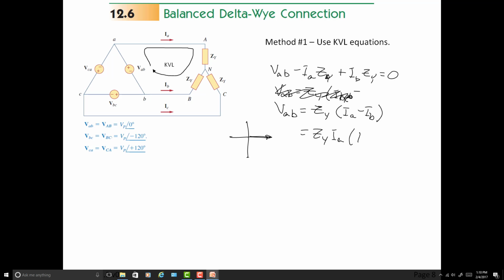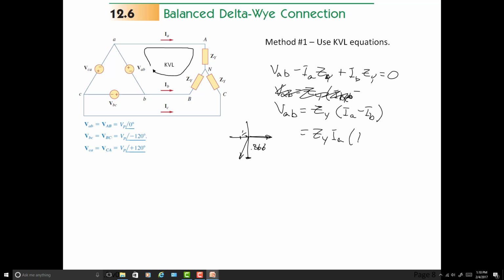So let's think about that. I've got one going this way and one back here. So what are these components? Right, this one is a half, and this is the usual 0.866 thing going on. Right, square root of 3 over 2.